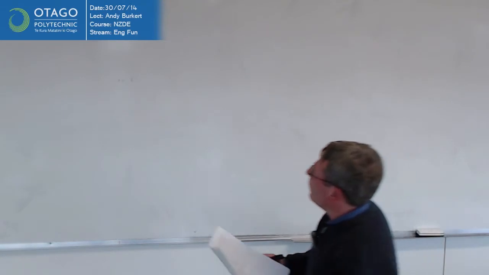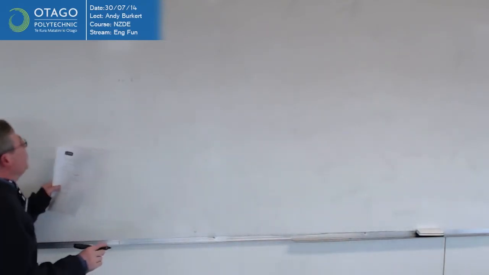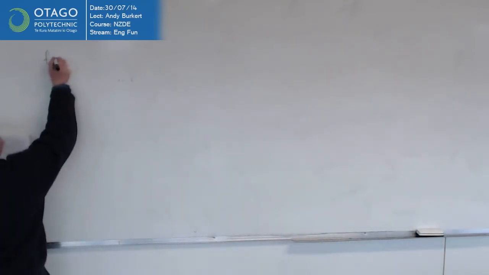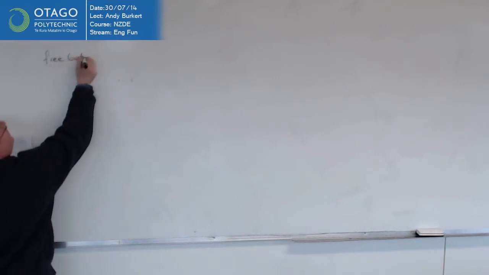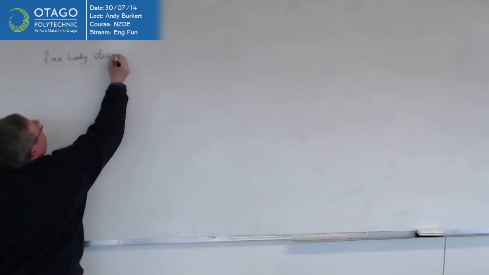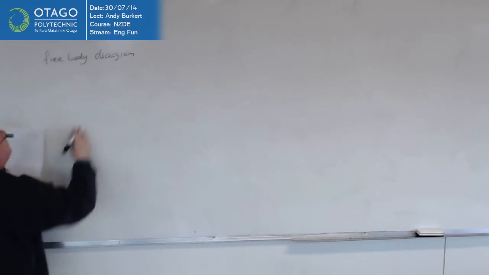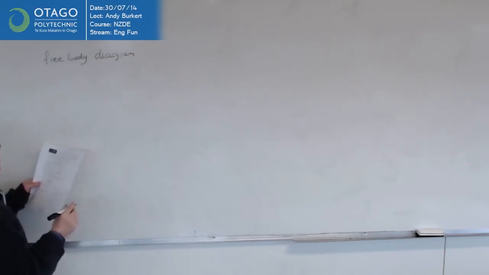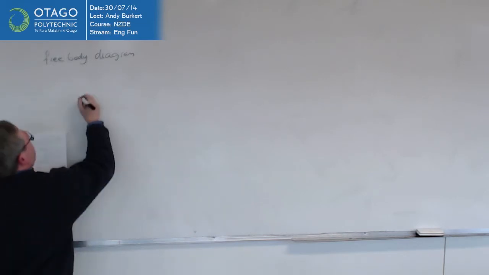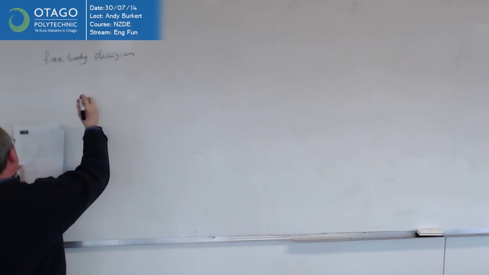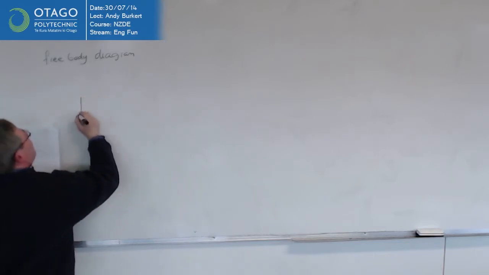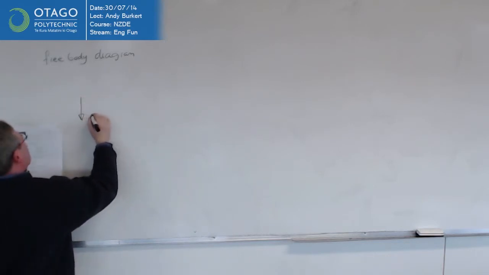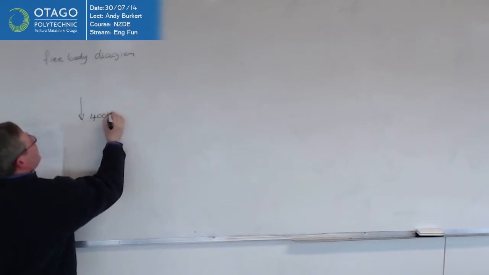So here's our force diagram, our free body diagram. Let's have a look at it. Okay, we've got a 400 kg mass.